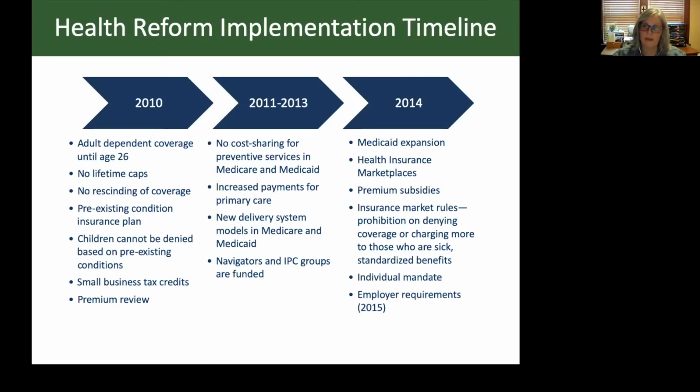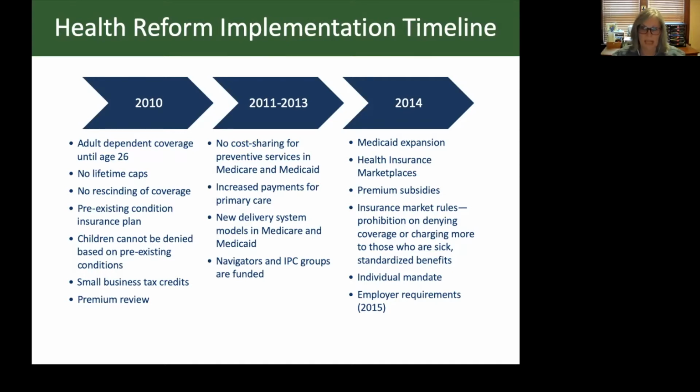So the Affordable Care Act was actually implemented across a number of years. And this slide here, I won't go into all the details on it, but you can see that when it was first passed and implemented in 2010, a lot of the changes were actually changes to existing health insurance plans, whether those plans were from employer-based health insurance plans or just plans purchased on the individual market.